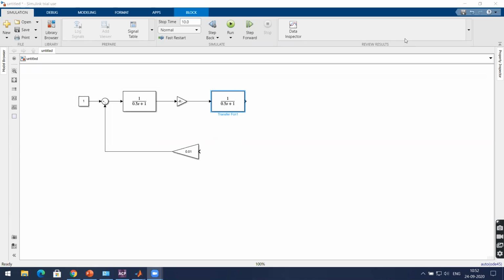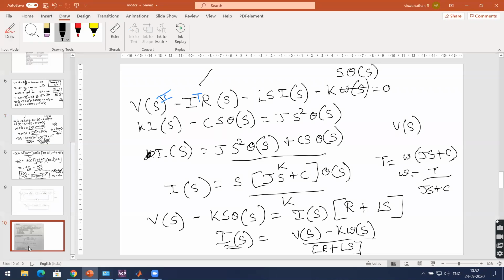This would be current, this is torque. Now what is this transfer function? It is 1 divided by Js plus C.